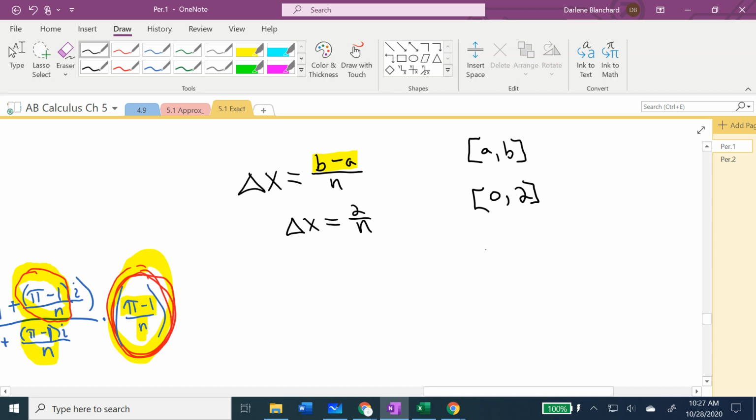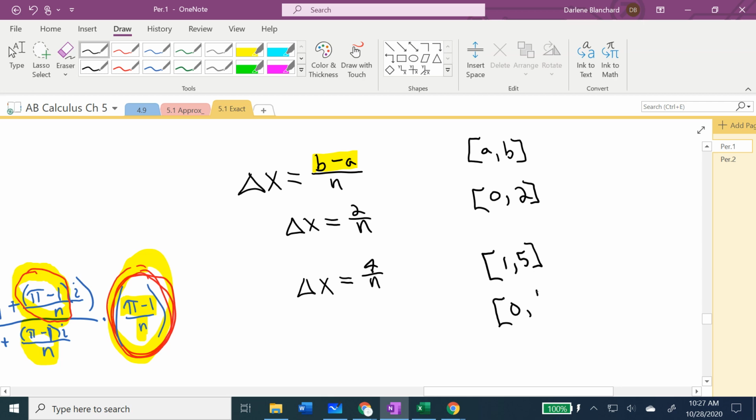What if my interval is 1 to 5? What is my delta x going to look like if my interval is 1 to 5? 5 minus 1 is 4. So another nice, pretty number over n. What if it's a little bit more cruel and it's, say, 0 to pi?